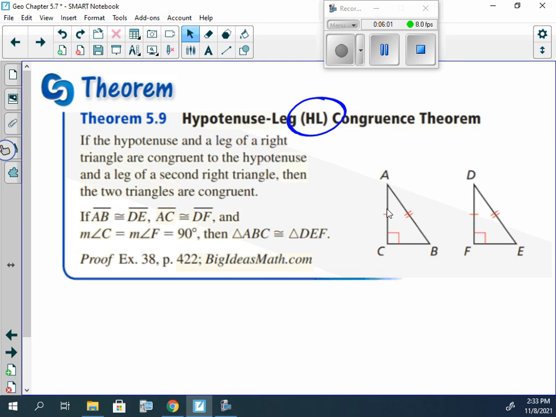If we have two right triangles and a hypotenuse and leg, the hypotenuse is the side opposite the 90 degrees. The leg is just one of the sides connected to the right angle. If we have that in two triangles, then they would be congruent. So hypotenuse leg does work, it just has to be a right triangle.